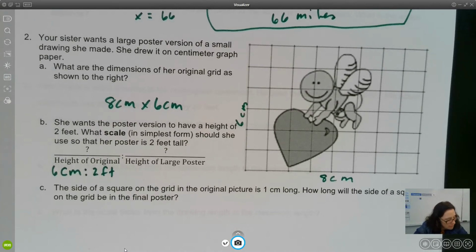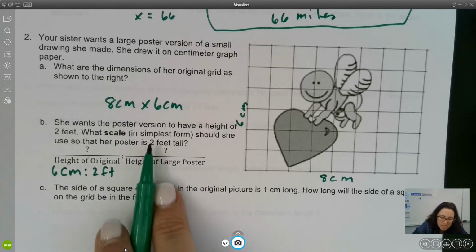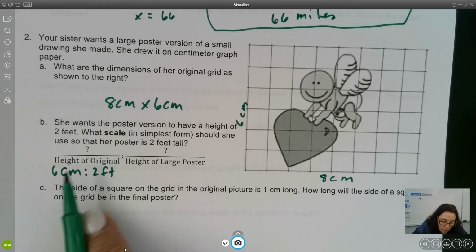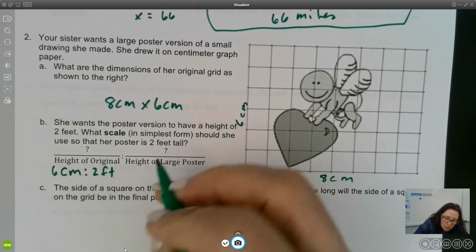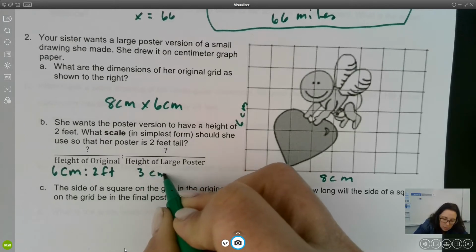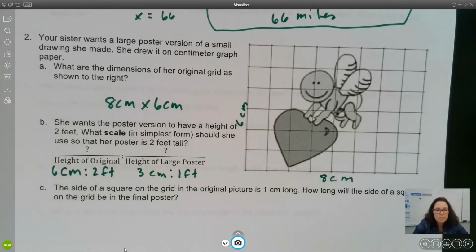Okay, and then the height of the large poster in simplest form. Okay, I'm going to go ahead and pull a 2 out of these two. So 3 centimeters will go with 1 foot. Okay, so that's the scale. This is the scale in simplest form.